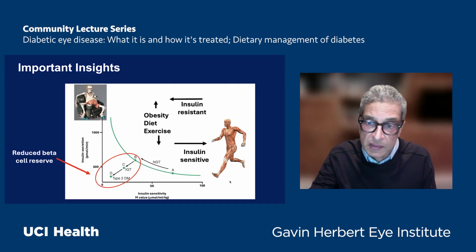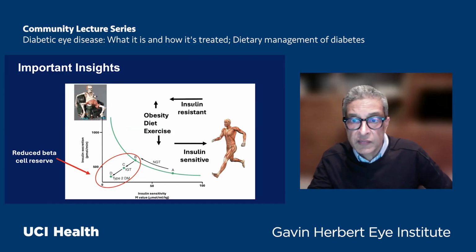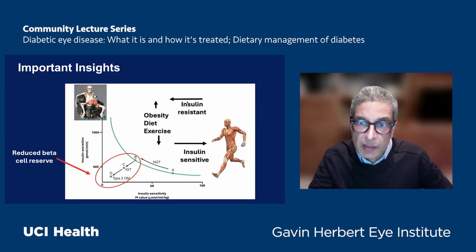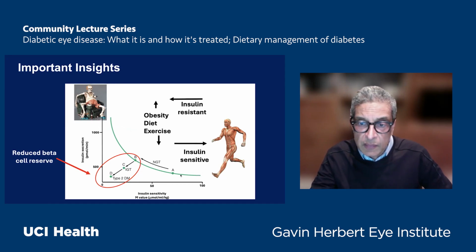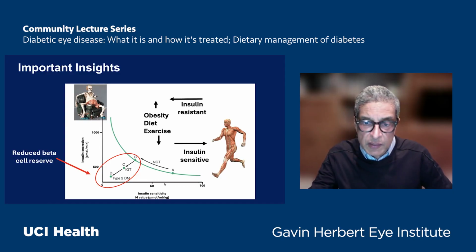You can see this is an insulin sensitive individual, and their blood sugar is going to be normal. And on this side here, we have Mr. Couch Potato, and he's very insulin resistant. And this insulin resistance comes with obesity, and insulin sensitivity is affected by exercise, and diet can go both ways depending on what the diet is. Normally, if somebody becomes insulin resistant, that means moving to the left on this graph, then their insulin production increases.